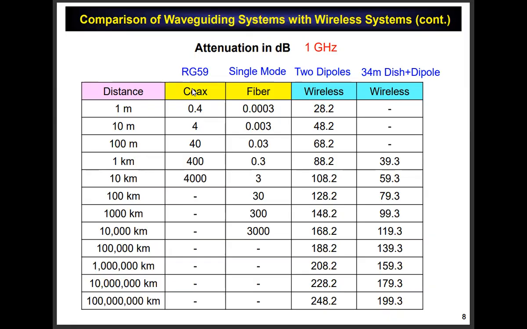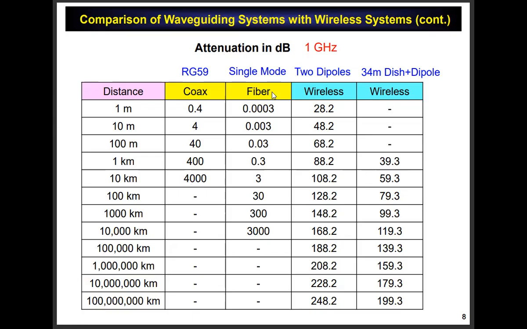Now, this first column is what's called RG59 coax. You can Google it and see exactly what it is, but let's just say it's a very typical coax, right? And this is then the dB attenuation. This is all attenuation in dB as you go down different distances.